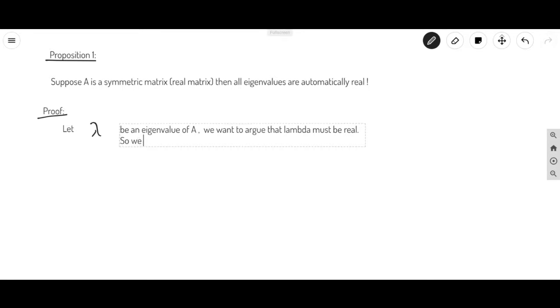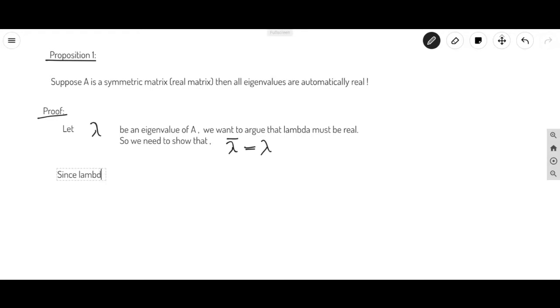Okay? So going back to what we just said, we need to show that if you take the conjugate of lambda, you get back to lambda. That's how you show that something is real. If the conjugate of the complex number is itself, then it must be real. So here's the way we do it.